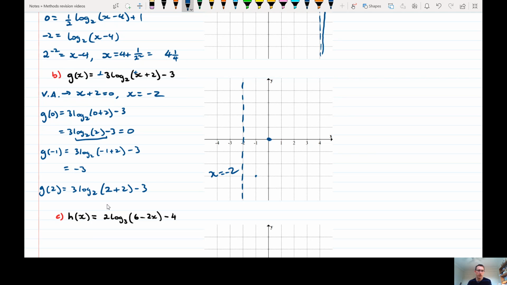So you want to have 1, 2, 4, 8 or something here, to make it nice. In this case, it's a 4. 2 to the power of what gives you 4? It's 2. So it's 3 times 2 minus 3, which gives you 3. So when you have x equals 2, you're going to have 3 there.